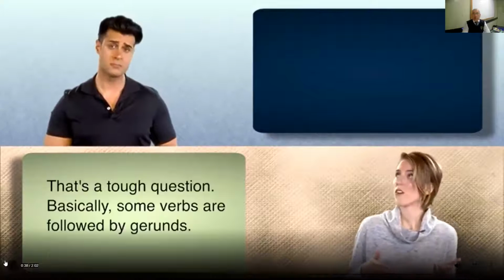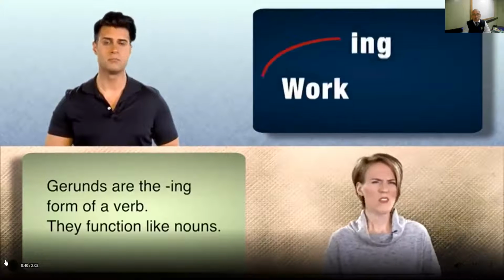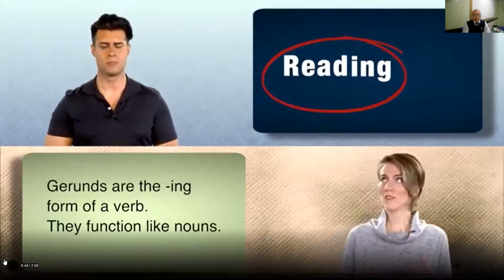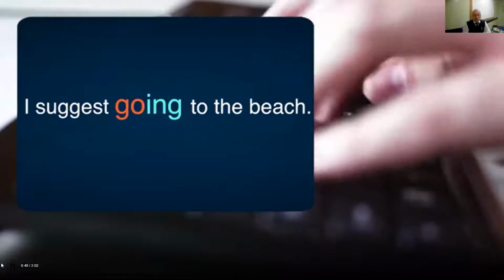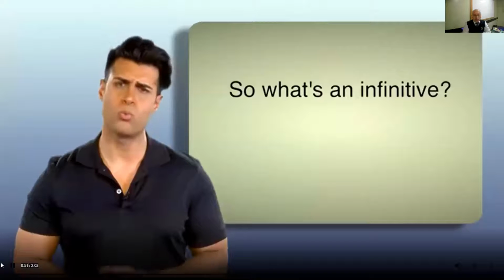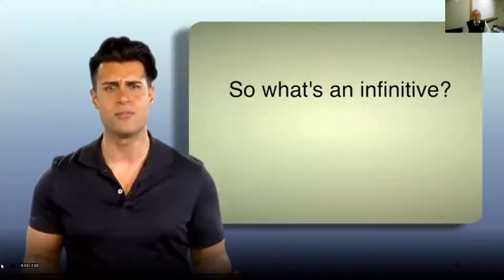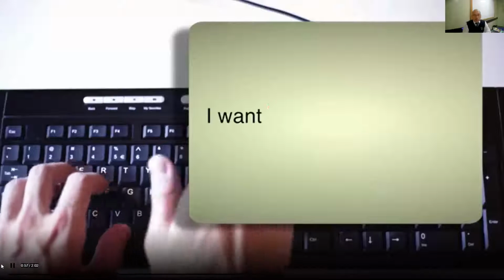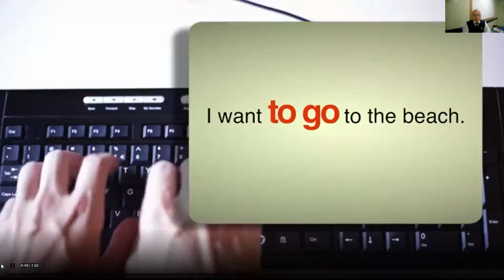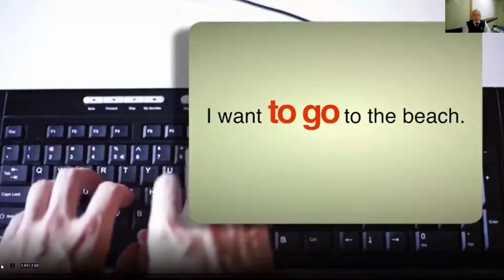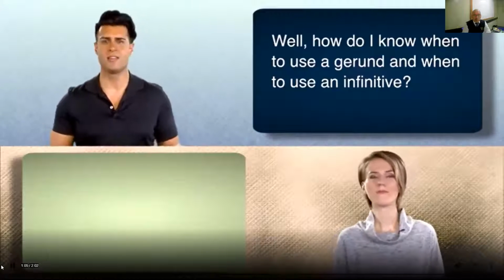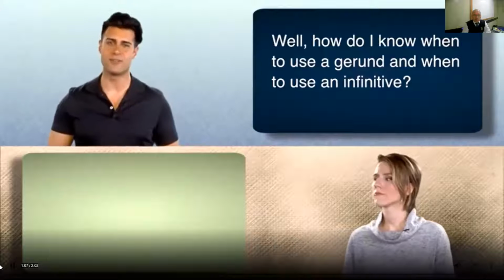Basically, some verbs are followed by gerunds. Gerunds are the ing form of a verb. They function like nouns. I suggest going to the beach. So, what's an infinitive? Infinitive is the root form of a verb. I want to go to the beach. Well, how do I know when to use a gerund and when to use an infinitive?